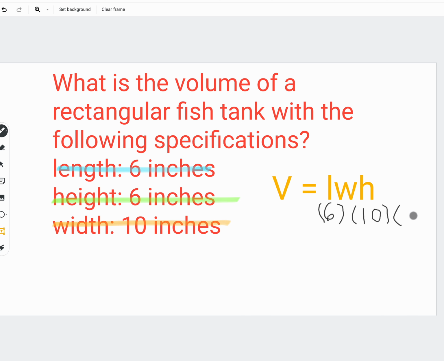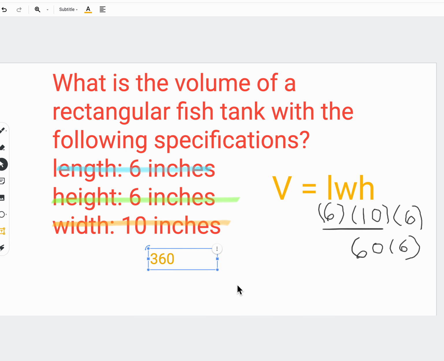Let's multiply 6 times 10 times 6. 60 times 6 gives us 360. Our answer is 360.